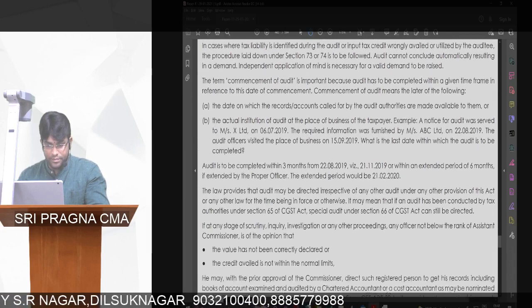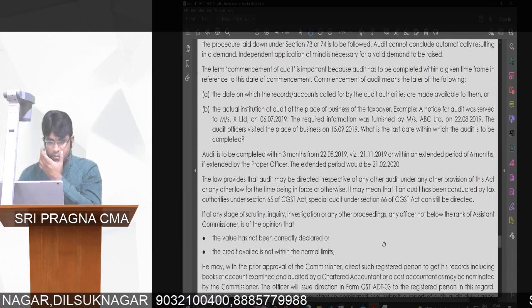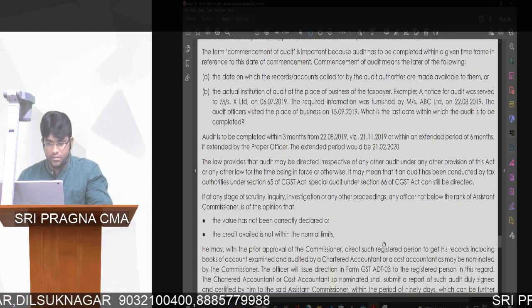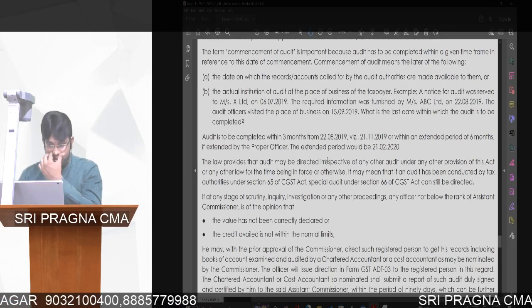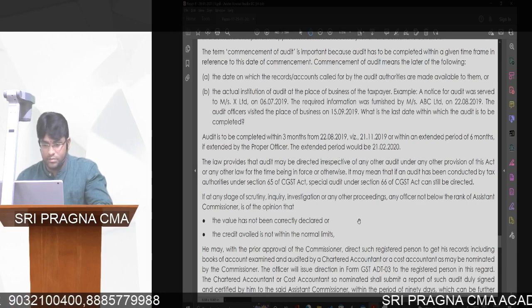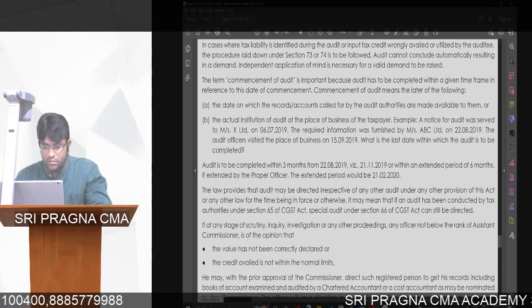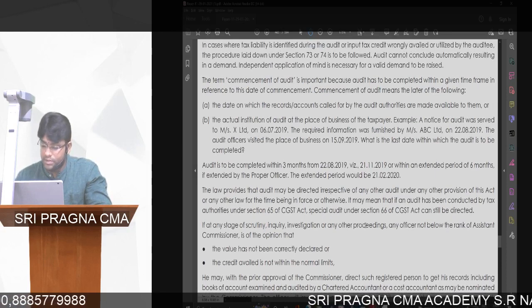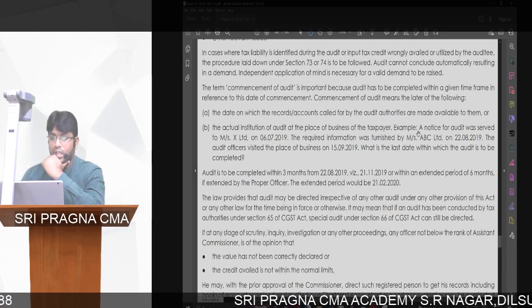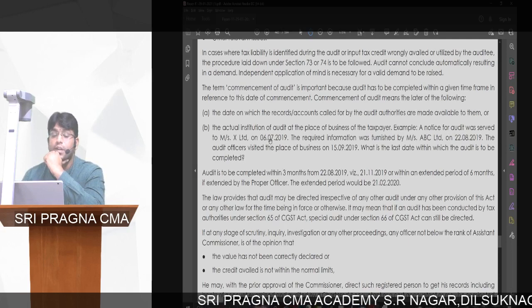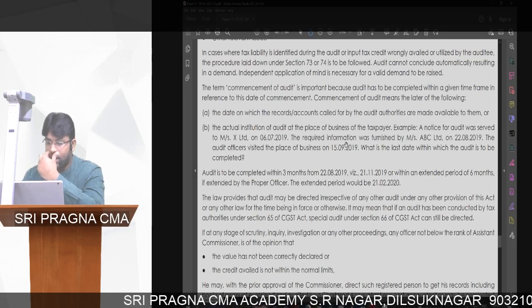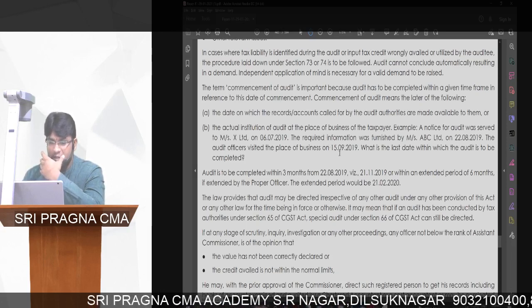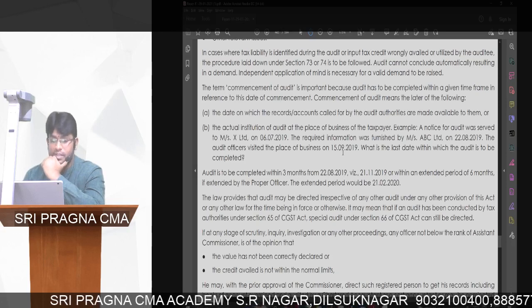Next point you see. See this line, audit is to complete within 3 months or with an extended period of what? 6 months. But one point you have to observe here: notice for audit was served on 6th July, information is given on 22nd August, officers visited on 15th September, fine.